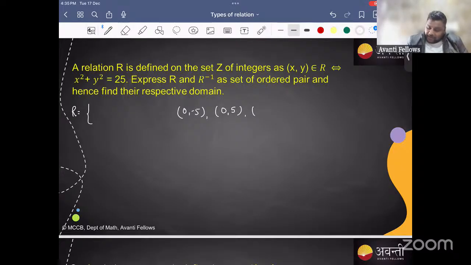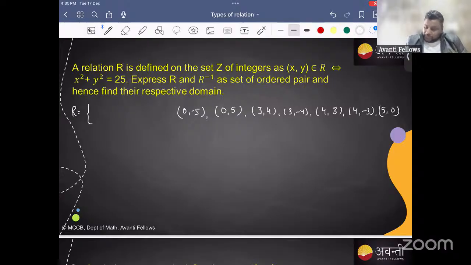Now if I take the value of x as 3, the value of y square will be 16. So the value of y will be 4 and minus 4. Am I clear? Now the value of x is 4. In that case, the value of y square is going to be 9. So the value of y is going to be 3 or minus 3. Now if the value of x is going to be 5, then y is going to be 0.